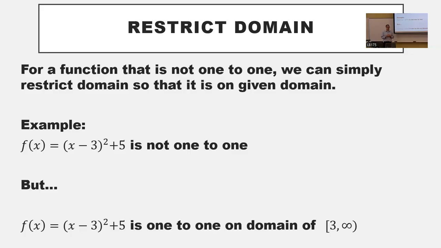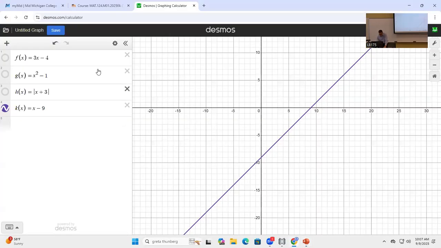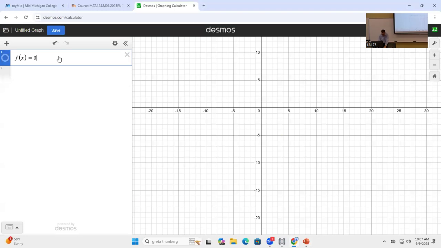So if we restricted the domain to just 3 to infinity, it would be one-to-one. Get that? Was it plus 5? Can't remember.